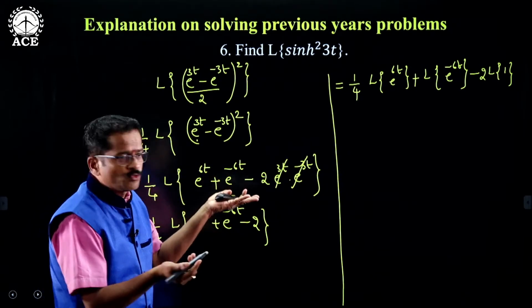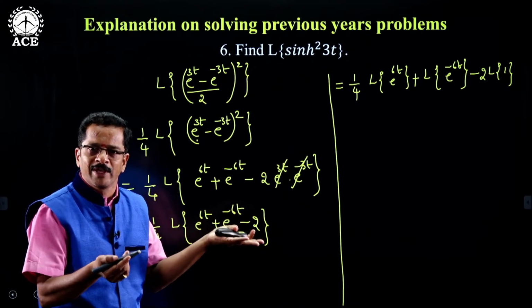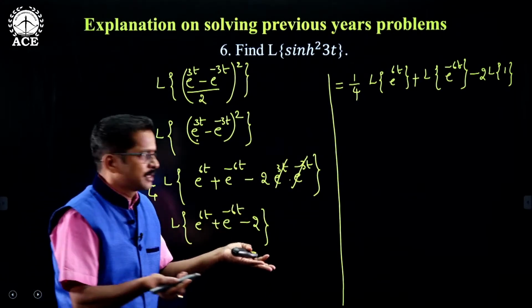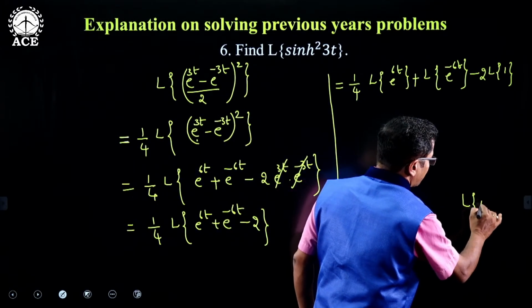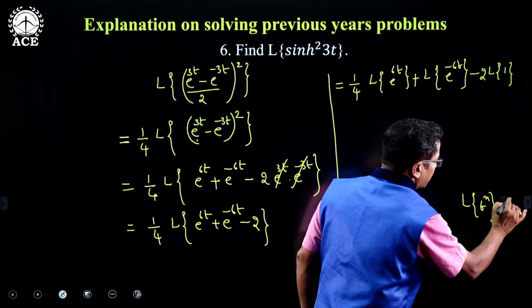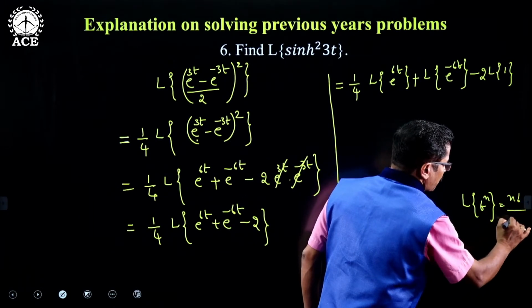Then what is L of 1? L of 1 you evaluate using L of t power n. We already have the L of t power n formula: n factorial by s power n plus 1.